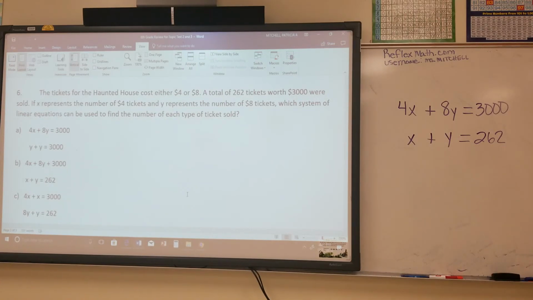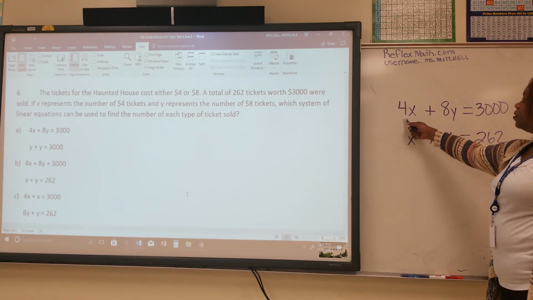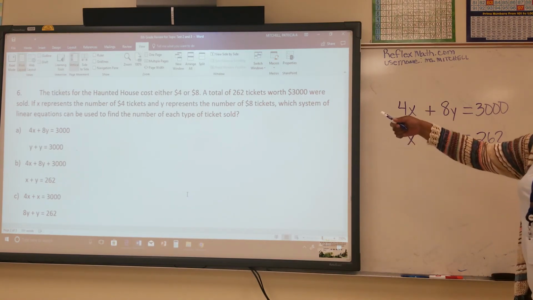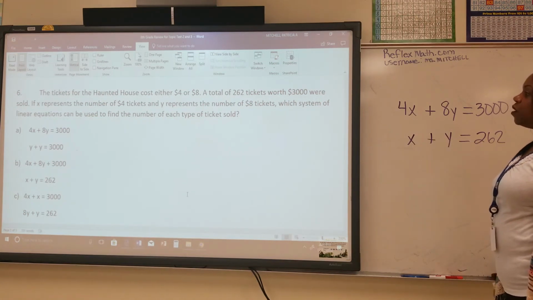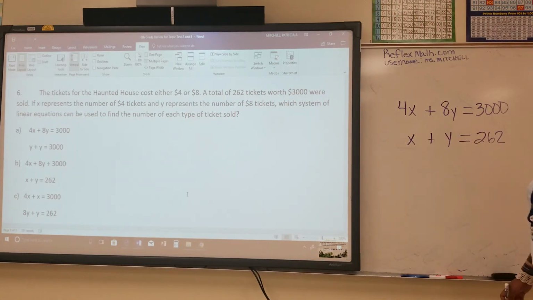Remember, they did not tell us how many tickets were sold, all right? They said that the cost of the haunted house was either $4 or $8. And then they said that X represents the $4 tickets and Y represents the $8 tickets, okay?